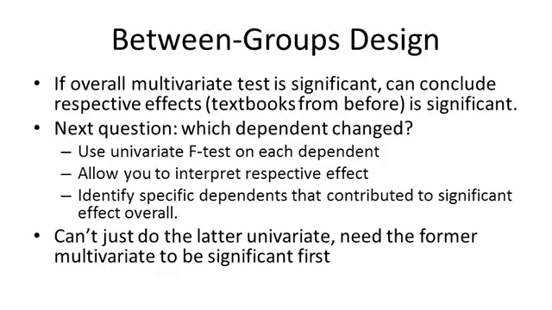That will allow you to interpret which ones actually changed. The thing is, though, you can't do this latter univariate F-test before you've done your MANCOVA test, because you need to first know that there is a significant difference between them before you try to figure out which one it is. Otherwise, you are introducing the potential for false positives.